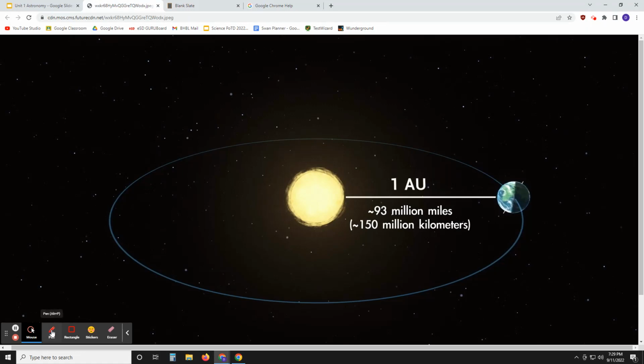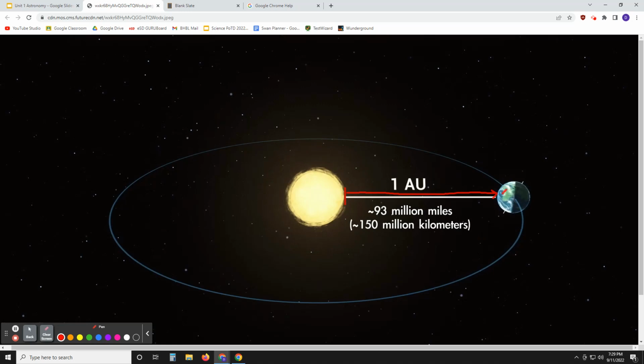This one. A picture of the sun and a picture of our Earth. It's about 93 million miles away, which we'll talk about a little bit later. And light travels from here all the way across to Earth. It takes roughly 8 minutes for light to travel from the sun to the Earth.